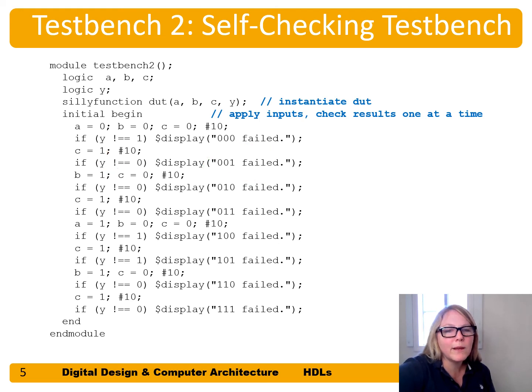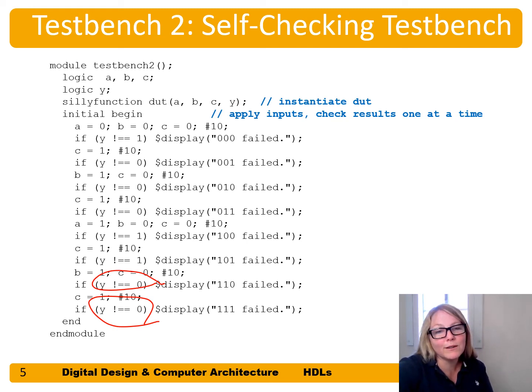Of course, you could make an error in this, right? You could think it should be 0, but it really should be 1. So now it's a little bit more complex and also more opportunities for making errors, but it saves a lot of time.